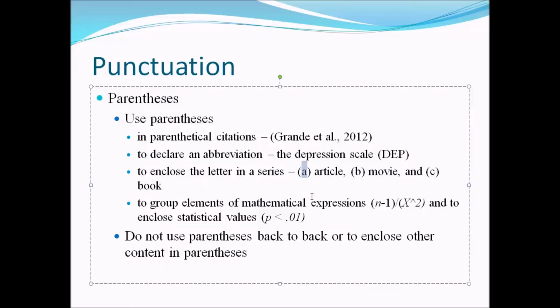Use parentheses to group elements of mathematical expressions. So in this expression we have (n - 1) / x².